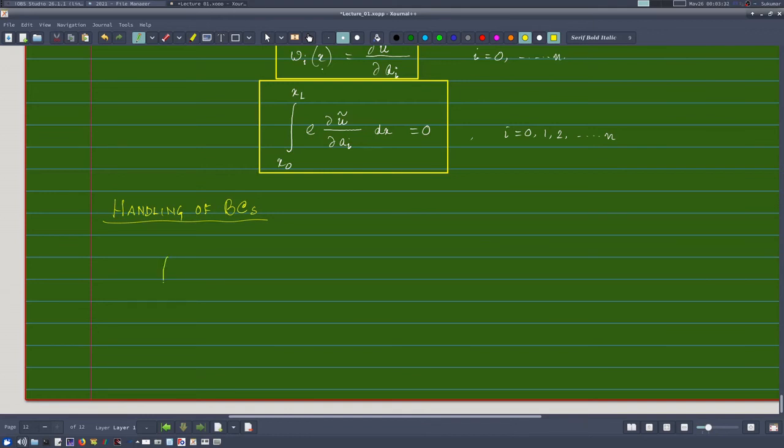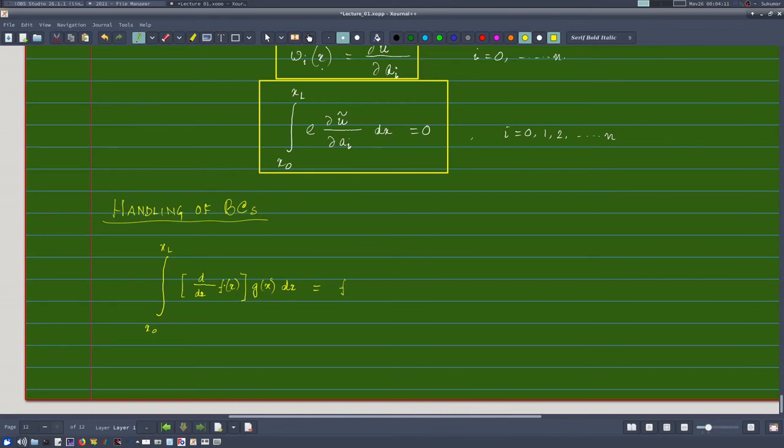So we use this formula for integration by parts, say from x naught to xL, integration of d/dx of a function f(x) multiplied by another function z(x) dx, then this is given by the product of these two functions at the boundaries.